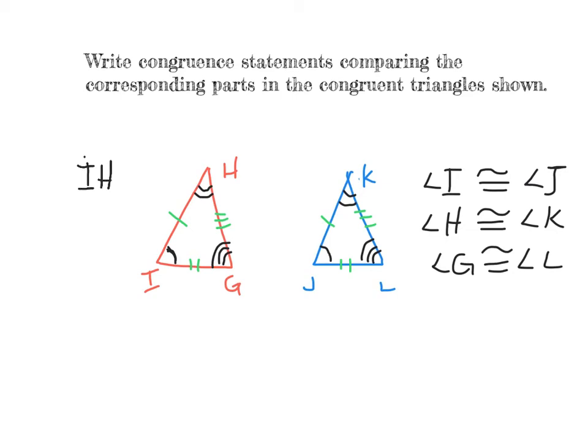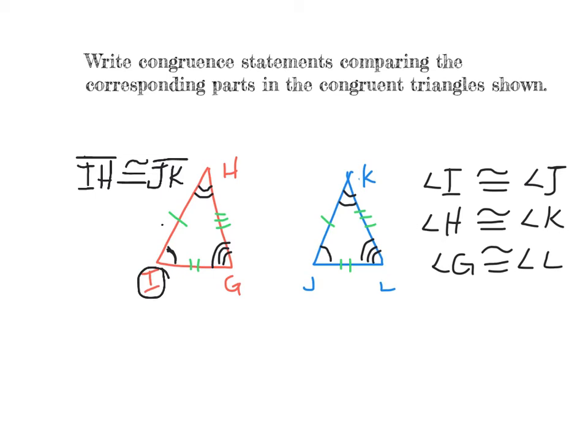IH, and I put a line over the top indicating that it's a side, is congruent to the side over here, which is JK. Now notice I'm starting with the same letter on the side. So if you're going to start with the lowest letter on this side, you need to do the same here.